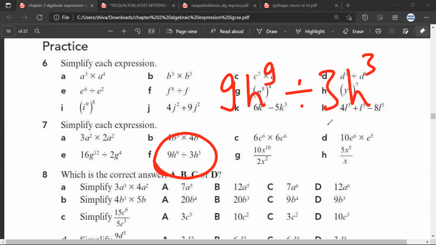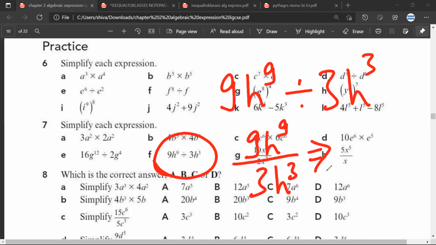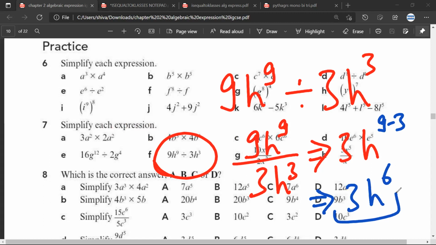It will be 9h raised to power 9 upon 3h raised to power 3. So 9 divided by 3, so 3h raised to power 3. Sorry, 6. Mr. Satya, are we clear? Yes. Mr. Sarthak, are we clear? Yes, sir.